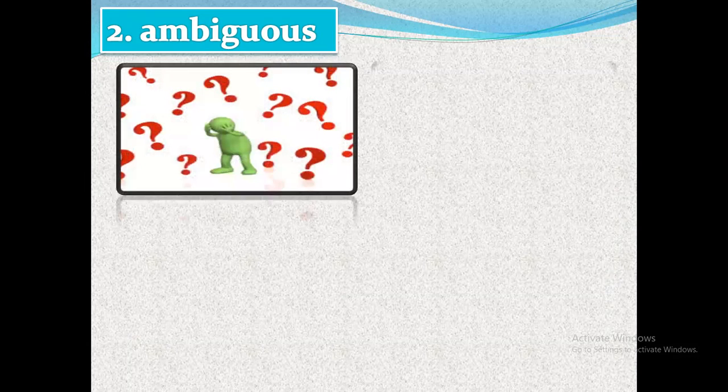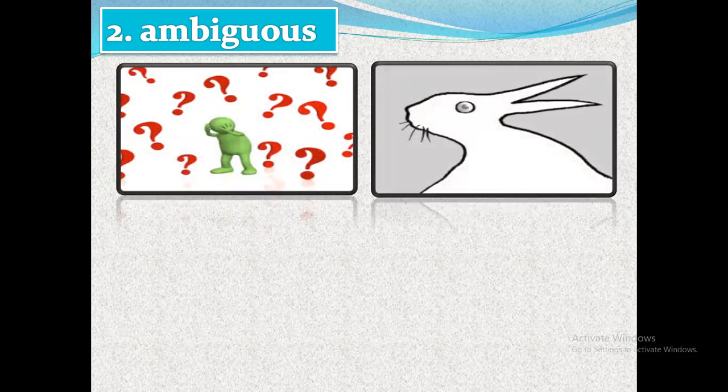The second word is ambiguous. As you can see in the two pictures here, someone has a lot of questions and something is not clear for them. So I hope that Muhammad Abdul Alam, Muhammad Ahmad, don't ask me what is the meaning of this word.